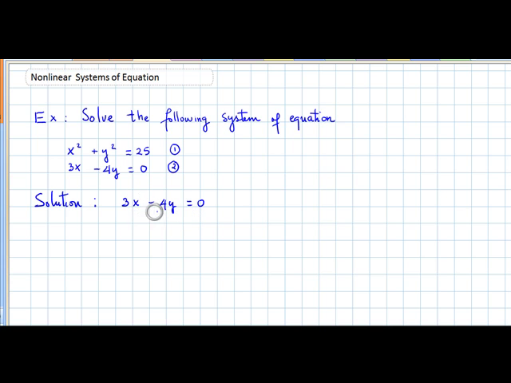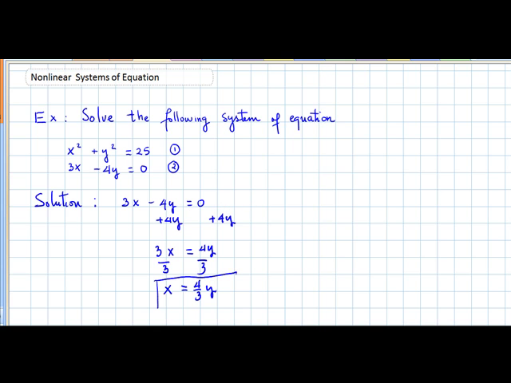So I copy equation 2 down. Now to solve for x, I'm going to add 4y to both sides, and then divide by 3. You can solve for y too if you'd like, but I see it's easy to solve for x because all I have to do is move the 4y to the other side.